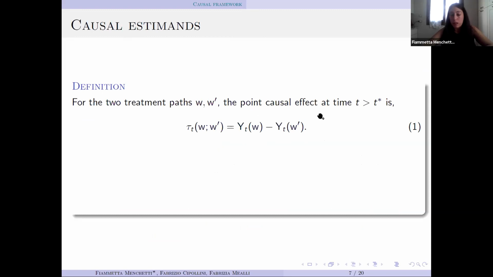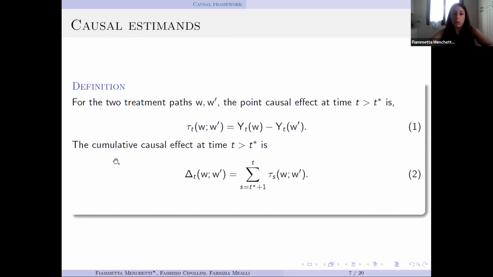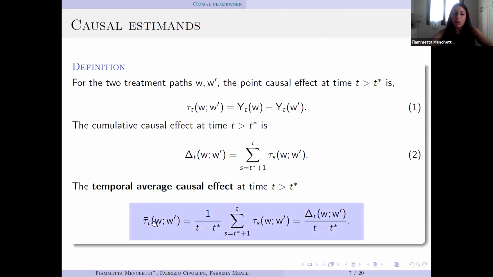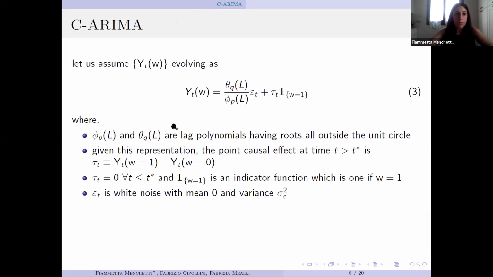This point causal effect is defined for every time point in the post-intervention period, so you can sum them up to obtain the cumulative causal effect. Then, by dividing this cumulative effect by the number of time points in the post-intervention period, you get the temporal average causal effect. This is the one we will focus on in our empirical application, as we will see.